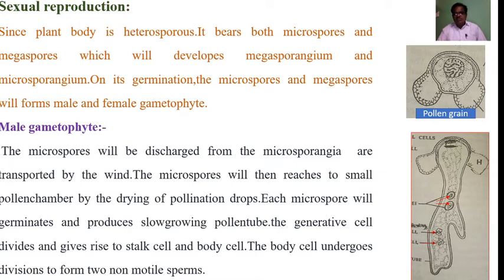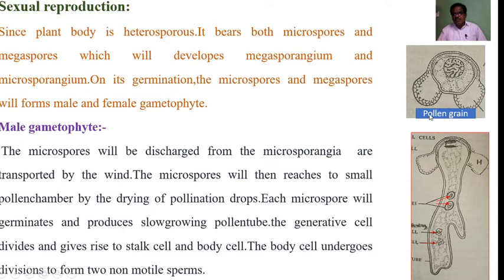Each microspore starts to germinate, and first gives a two-cell structure. This cell divides into two cells: the upper small cell is the generative cell, and the larger cell present below is the tube cell.